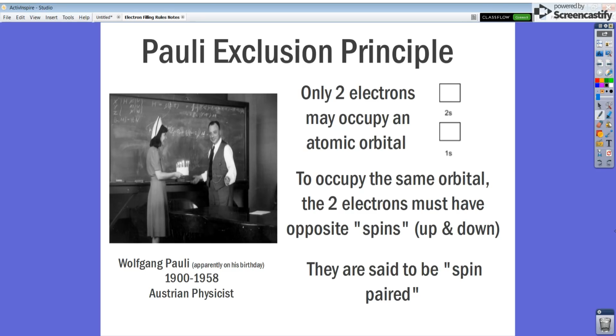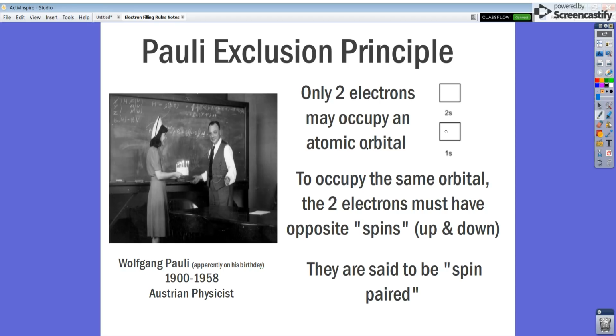The second rule that electrons follow when they arrange themselves around the nucleus is called the Pauli exclusion principle. What the Pauli exclusion principle states is that only 2 electrons may occupy an atomic orbital at any time. So in the 1s, for instance, we can only fit 2 electrons. It can have 1, but we can't have 3 or 4 or 5.